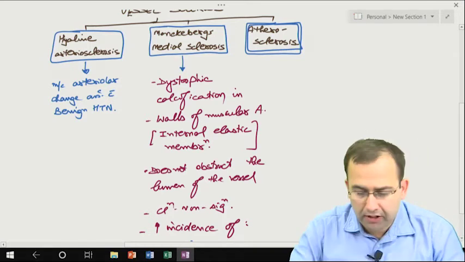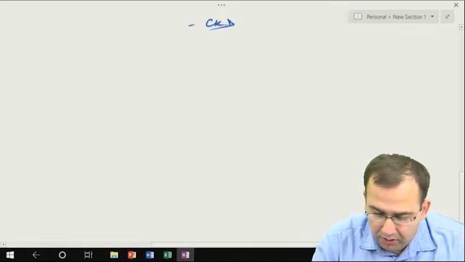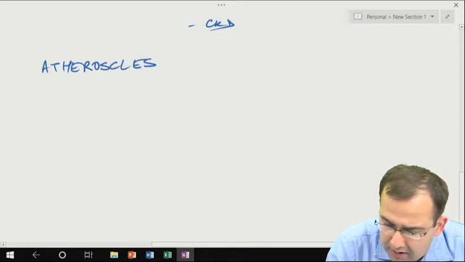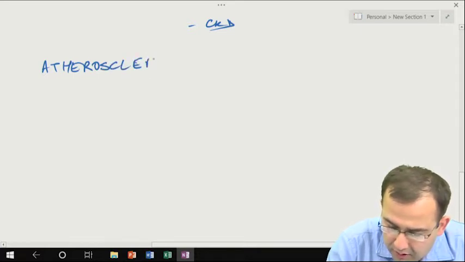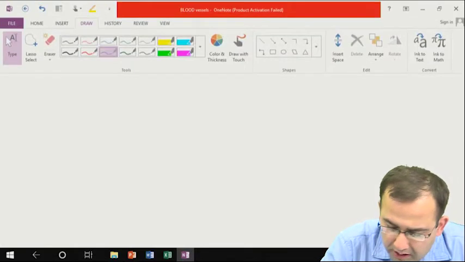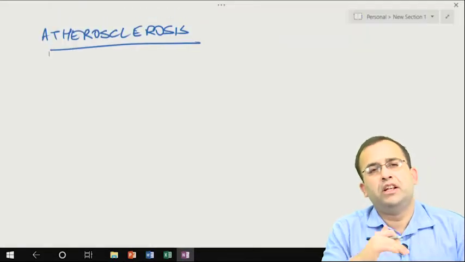This is our main topic in vessel sclerosis, that is atherosclerosis. Starting with atherosclerosis, first point, this is the most common cause of morbidity and mortality in the West. We lead a very sedentary lifestyle. We eat more junk food.